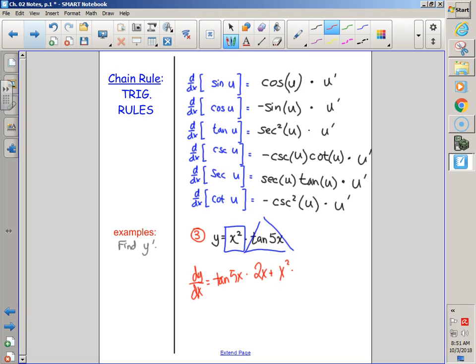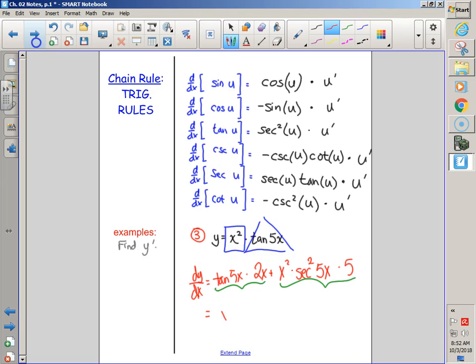But when I go to d second, how would I take the derivative of tangent of u? Secant squared of who? Of u, which is? Times u prime.